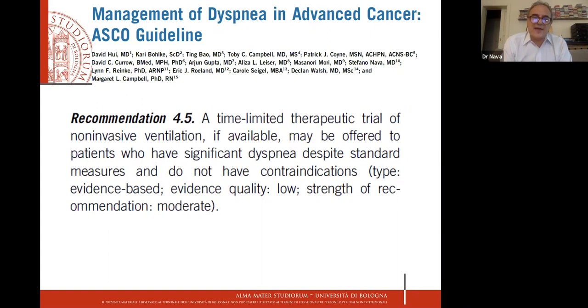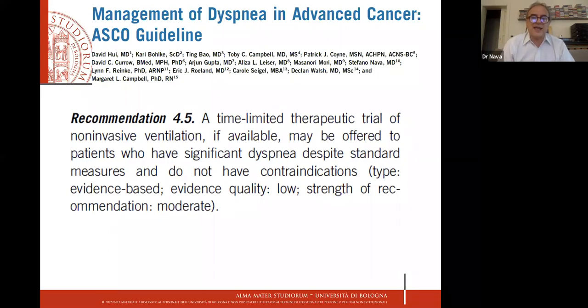therapeutic trial of NIV, if available, may be offered to patients who have significant dyspnea despite standard measures and do not have contraindications. The strength of recommendation was moderate, and the evidence quality was low, mainly because there are only a couple of studies dealing with this topic.